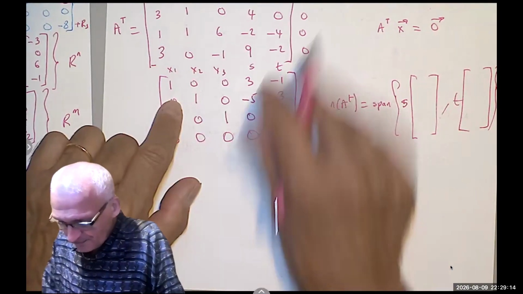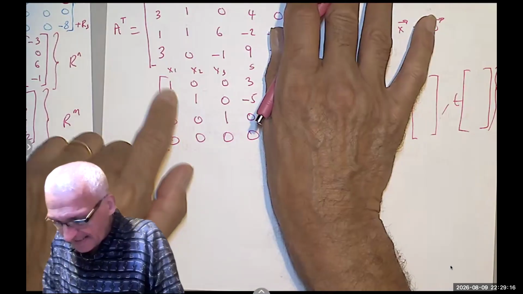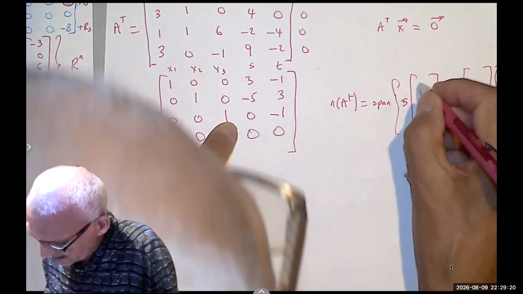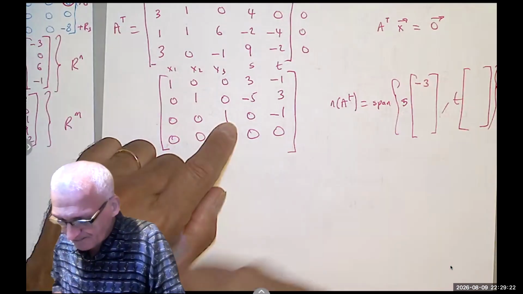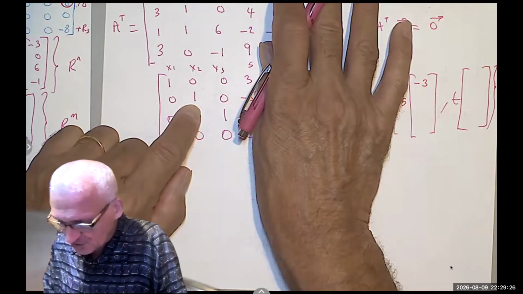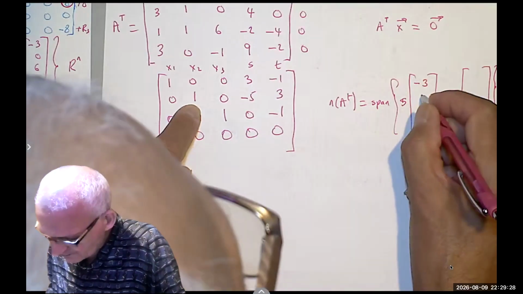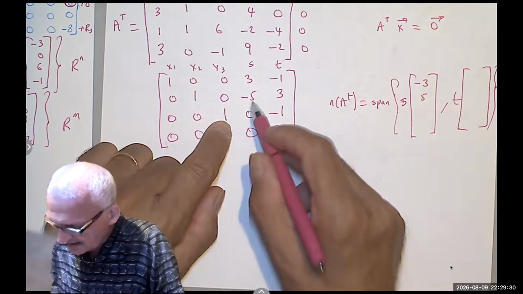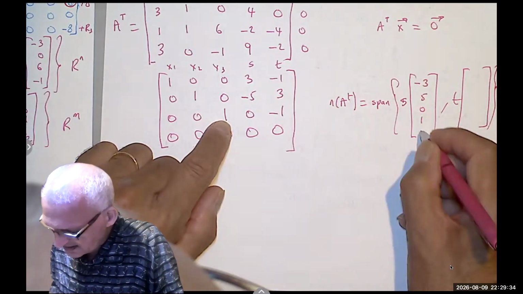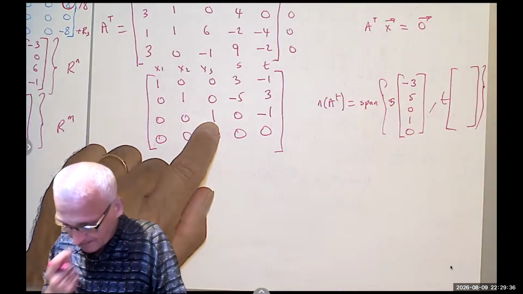Okay, look at the S. x1 plus 3s equals 0, so x1 equals negative 3s. x2 minus 5s equals 0, so x2 is 5s. x3 doesn't have s, so it's 0. x4 is s, and t has nothing to do with s.